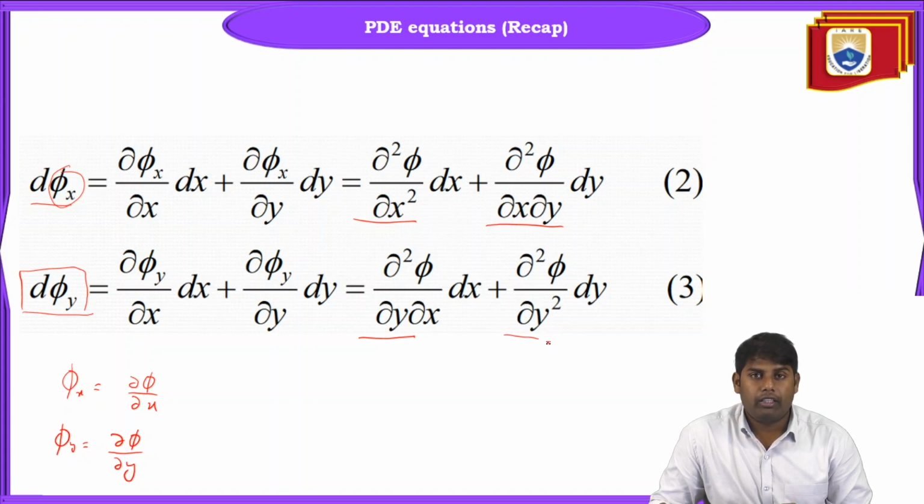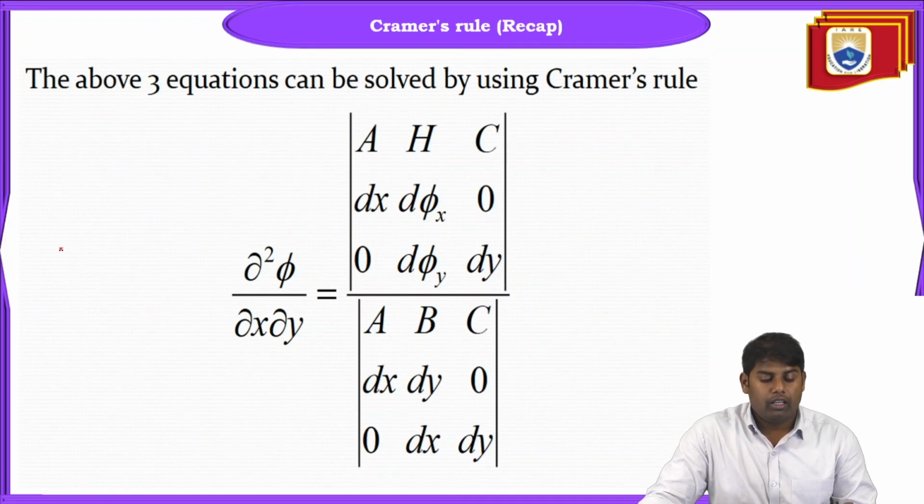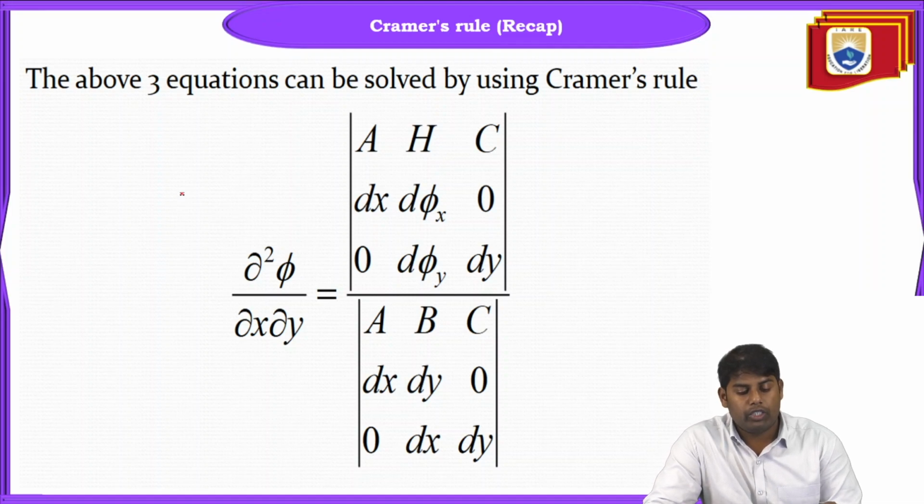We take these three equations, frame a coefficient matrix, and follow Cramer's rule to find the value of the mixed derivative.